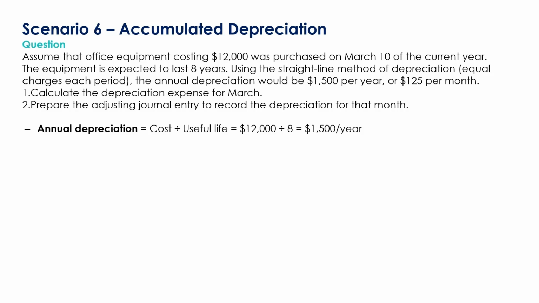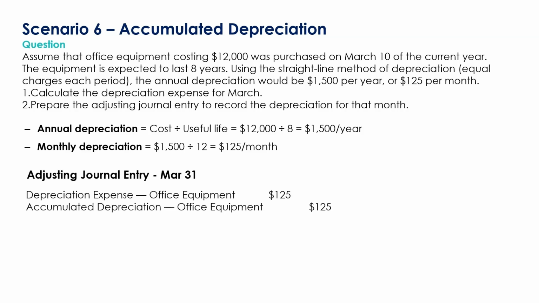Next, to find the monthly depreciation, we divide the annual depreciation of $1,500 by 12 months, resulting in $125 per month. Since we are preparing the adjusting entry for March, the depreciation expense for that month is $125. Therefore, we will debit depreciation expense for $125 and credit accumulated depreciation for the same amount.